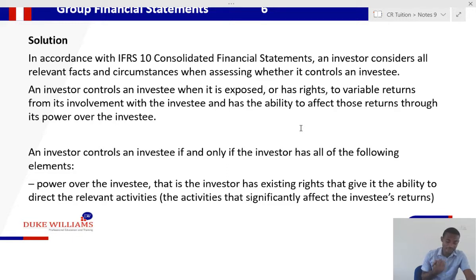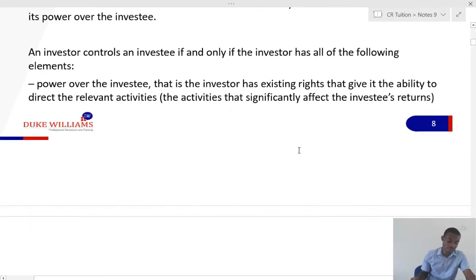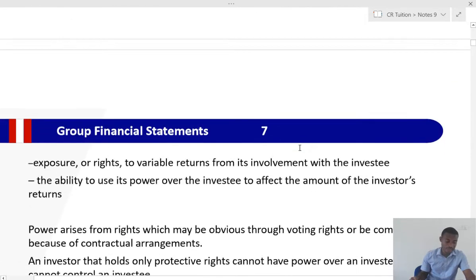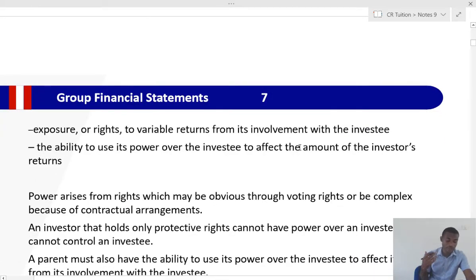And an investor controls an investee if all of the following are in place as per IFRS 10. 1. There is power over the investee, that is, it has the power to affect all the relevant activities. It is exposed to variable returns, or it has right to receive variable returns, and it has the ability to use its power over the investee.